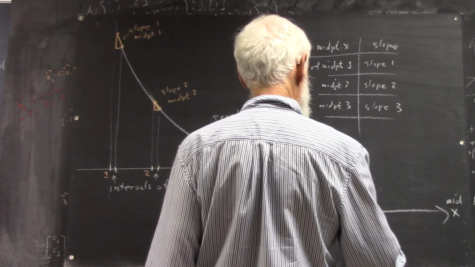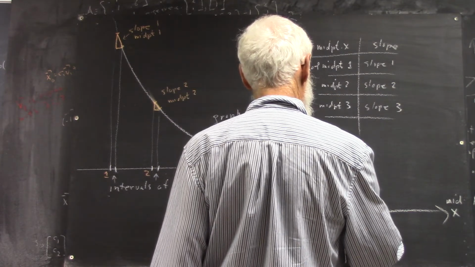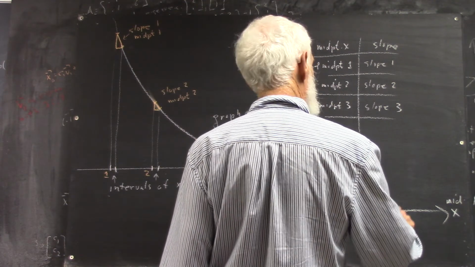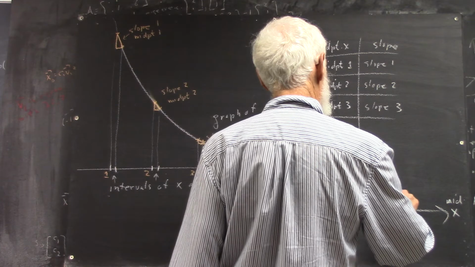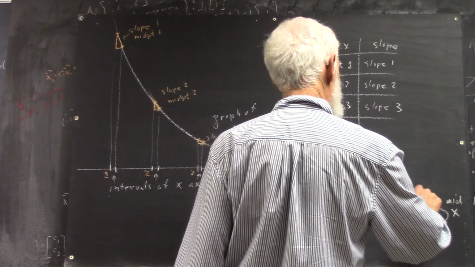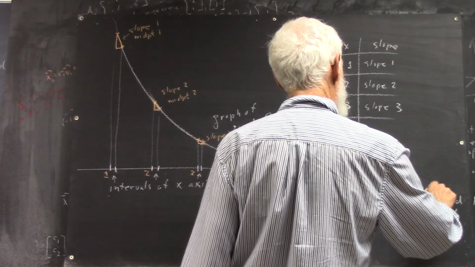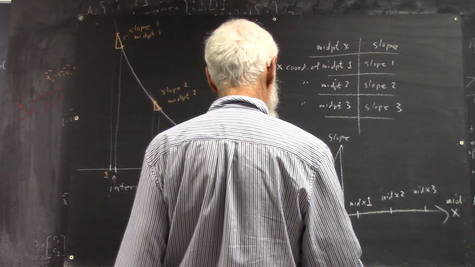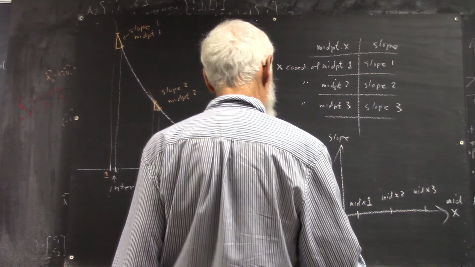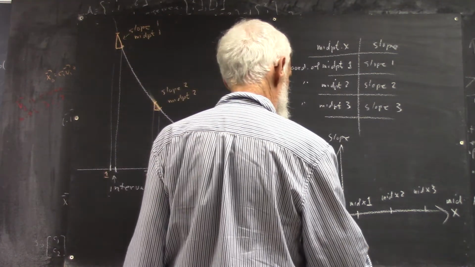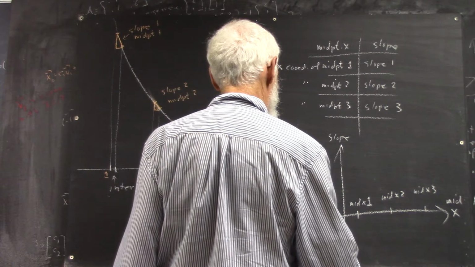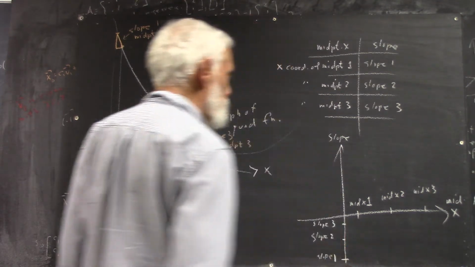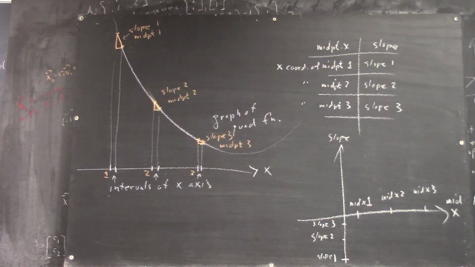So we got mid x1, mid x2, mid x3, and we got slope 1, slope 2, slope 3. For this curve, will the points look like this?